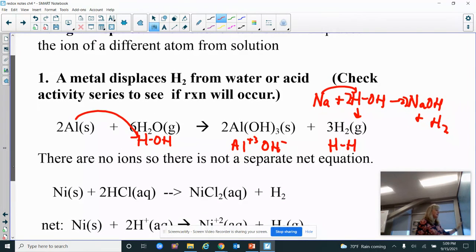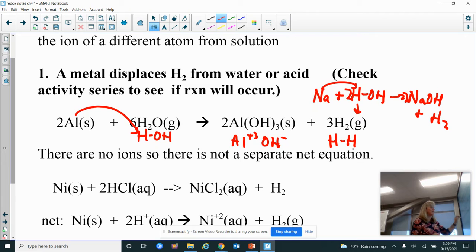In acid, a metal will replace hydrogen also. So if we put nickel in hydrochloric acid, the nickel kicks out the hydrogen and steals the chlorine. Nickel is most commonly +2 as an ion. So when it picks up the chlorine, it'll need two of them because chlorine's -1. The hydrogen that gets kicked out, again, has to be H2, so it's picking up a partner.